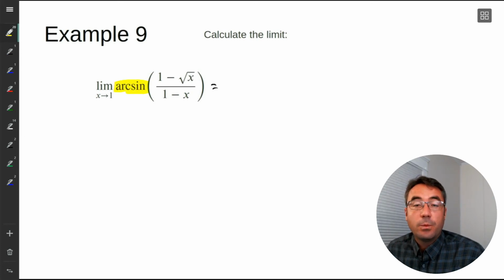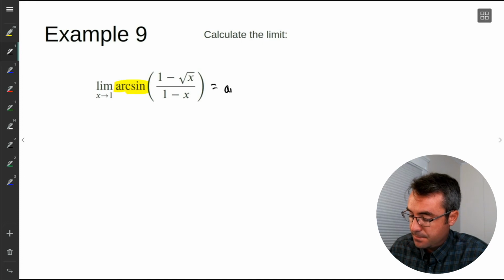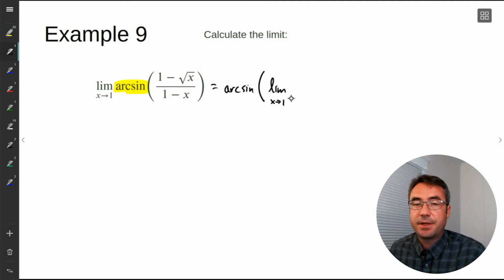And what we want to do is bring this limit inside the outer function, to really help us simplify this down to something that we can work with immediately.